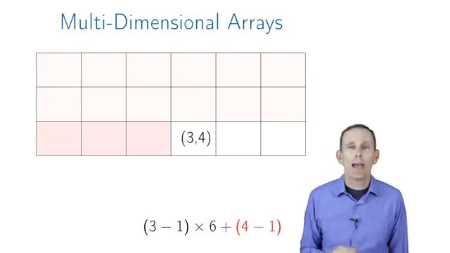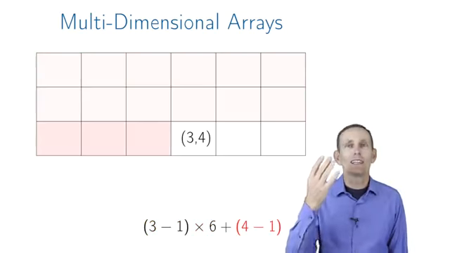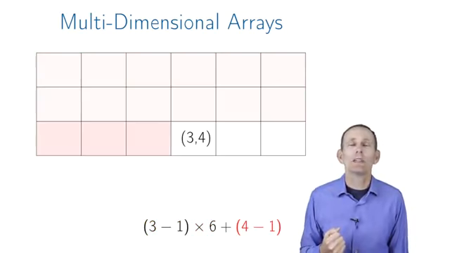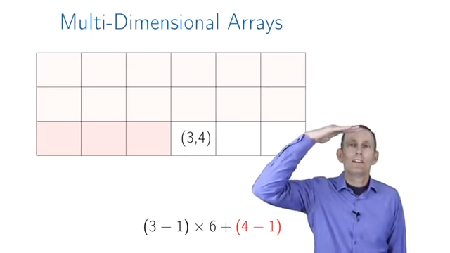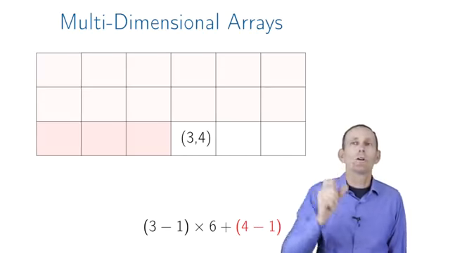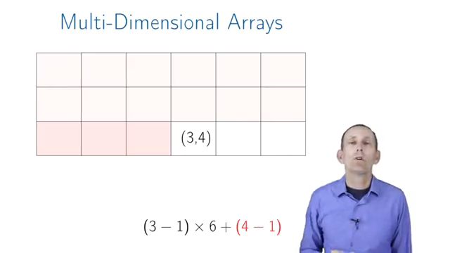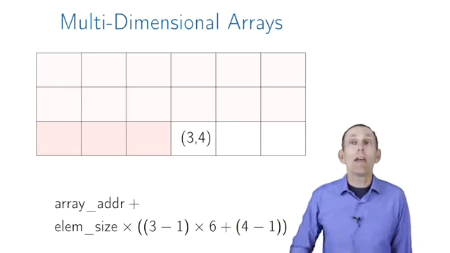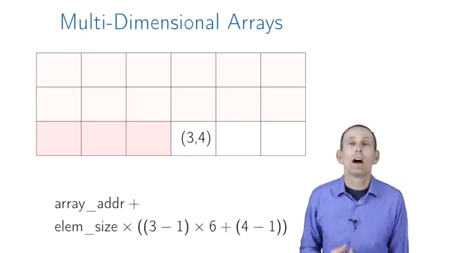So there are 3 of them. How do we get that? We take the column index, which is 4, and subtract it from the initial column index, which is 1. So this basically gives us 15: 6 for the first row, 6 for the second row, and then 3 for the third row before this particular element. We take that 15 and multiply it by our element size, and then add it to our array address. And that will give us the address of our element 3, 4.